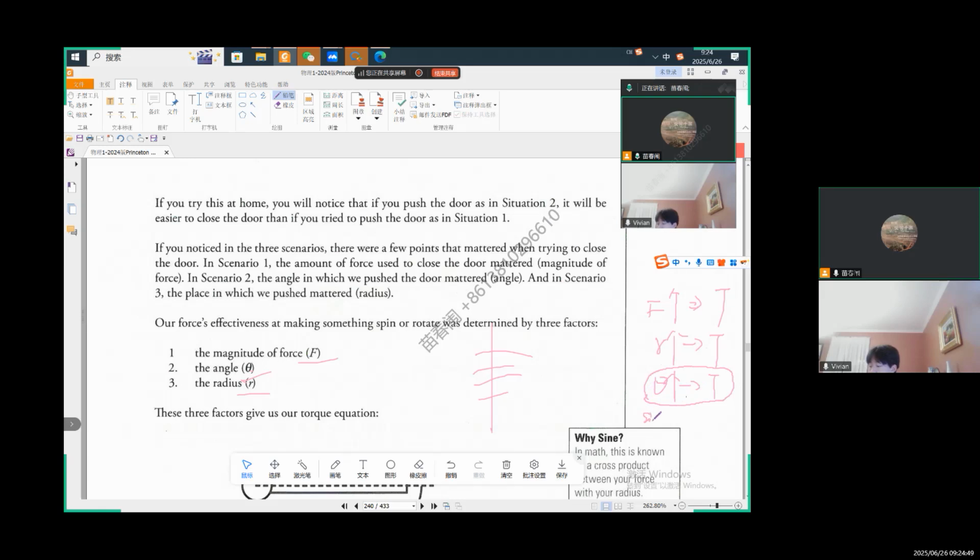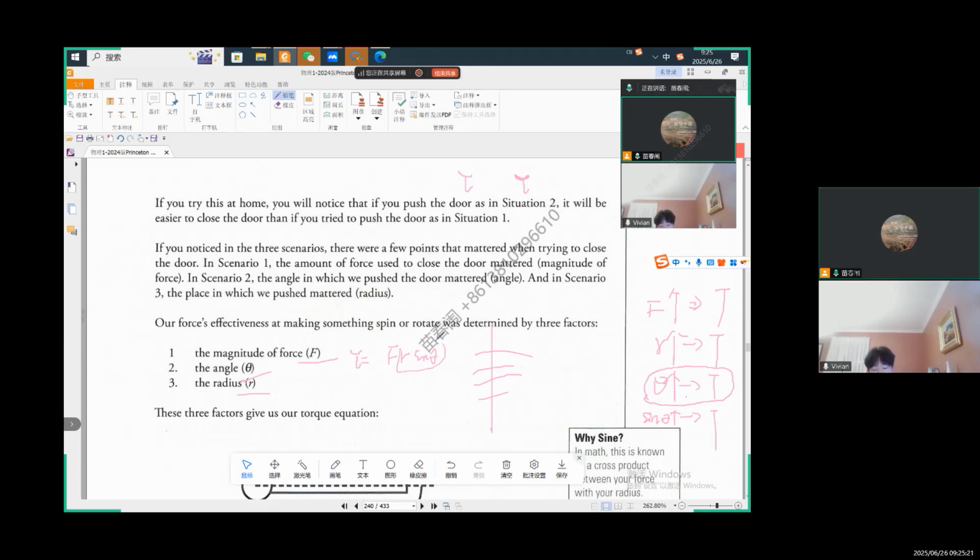It turns out that as sine theta increases, it's proportional to torque. We actually don't use T because it's confused with tension. We call it torque, a Greek letter, a little circle in here and a little tail. So eventually torque equals F R sine theta.